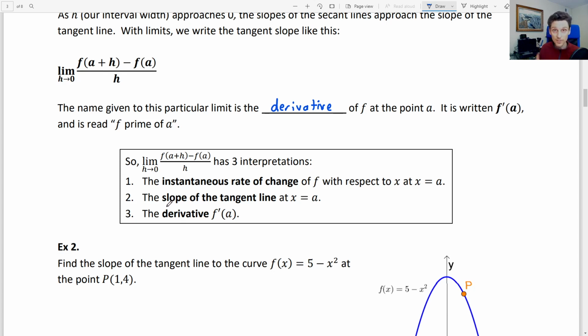Then we looked at it visually, and we saw that this concept looks like a bunch of slopes of secant lines getting closer and closer to the slope of a tangent line. So in the limit, we get the slope of the tangent line at x equals a. And now we're introducing this new vocabulary, the derivative, and representing it with f prime of a, where the prime again looks like a straight apostrophe.